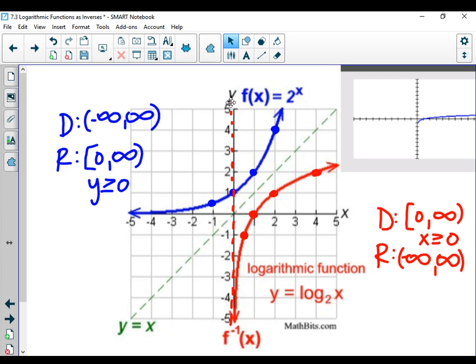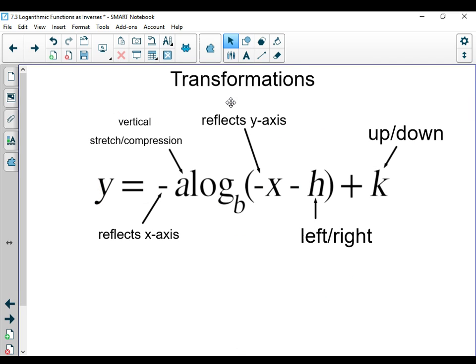Okay. So guess what's back? Oh yeah. Same transformations, just a different function. Negative in the front reflects across the x-axis, always. A is still your vertical stretch and compression. We can reflect across the y-axis, that's an option now.